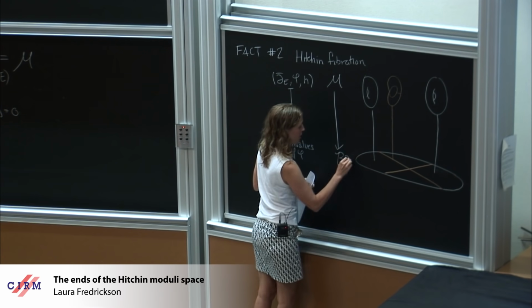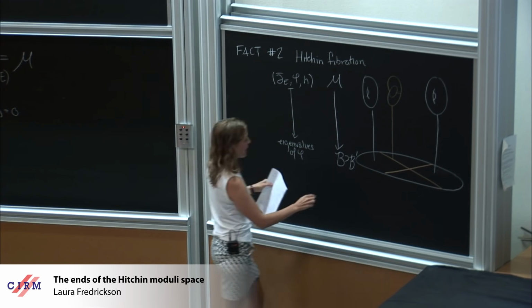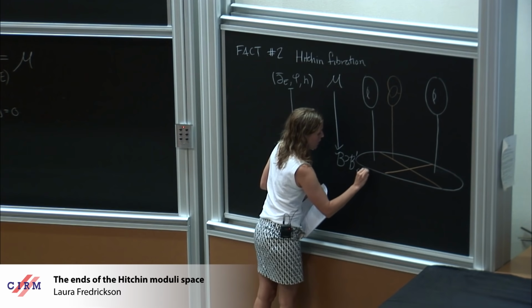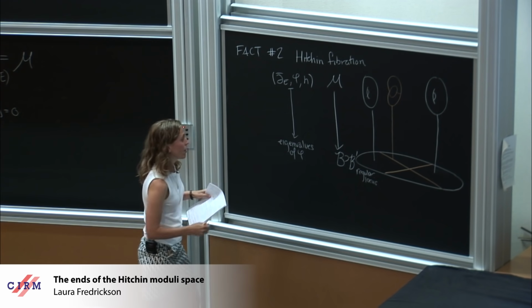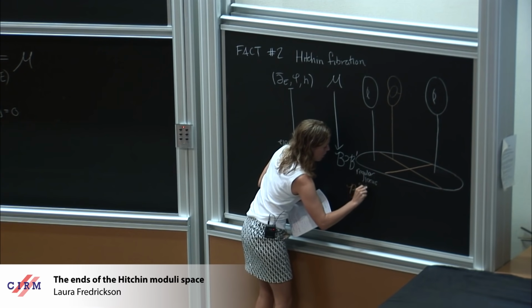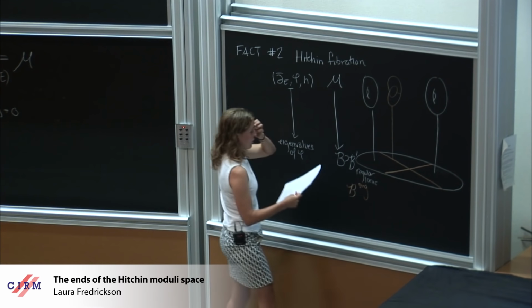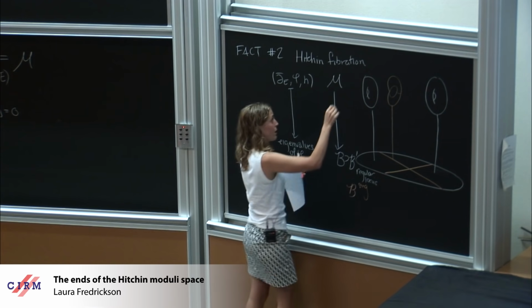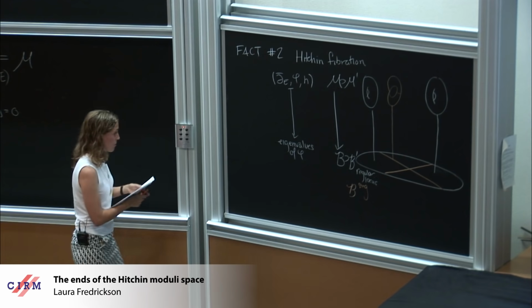So the place, just call it B prime. This is the regular locus, where the fibers are tori, and then we'll have the singular locus, over which things degenerate, which is stratified. And so we can also consider the regular locus up here.